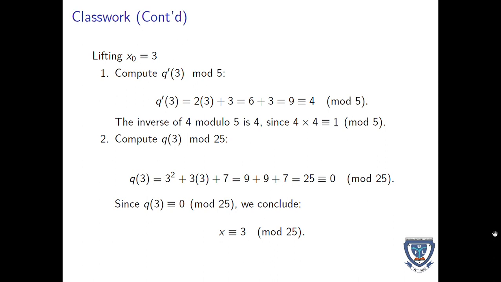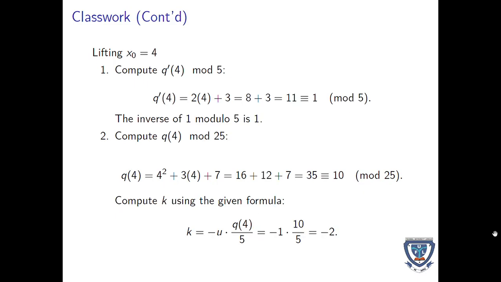Now we'll compute our Q at 3 modulo 25, and we are going to get 25, which is the same thing as 0 mod 25. Since Q(3) is 0, we'll conclude that x equal to 3 modulo 25 will be one of the solutions.